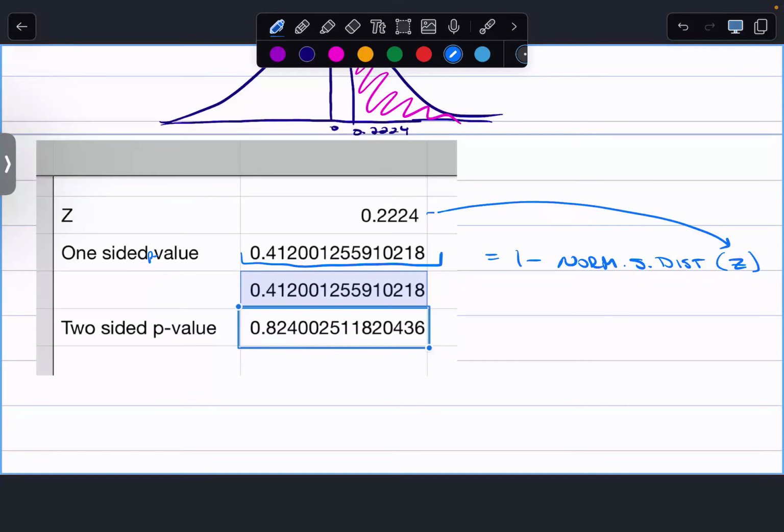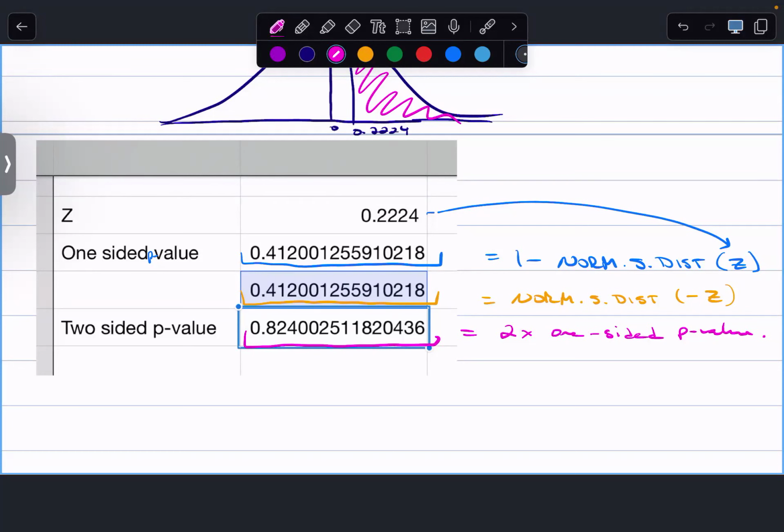Whereas this little guy, they're going to be the same, was norm.s.dist of negative z. Sneaky. And then this is our equals 2 times the one-sided p-value, referencing those cells.